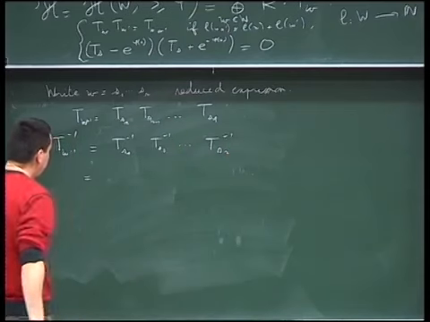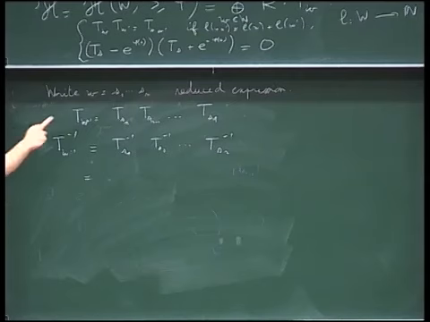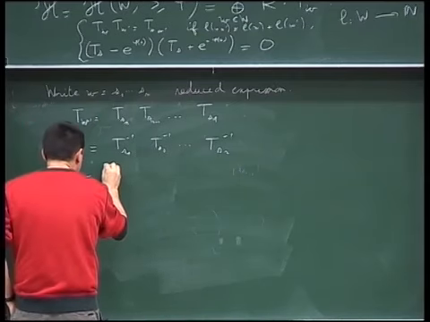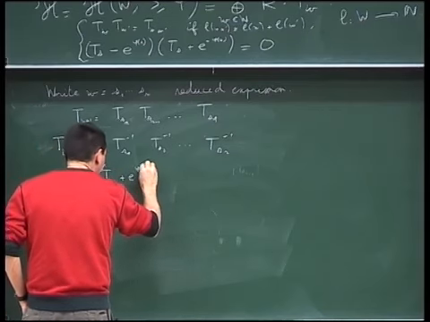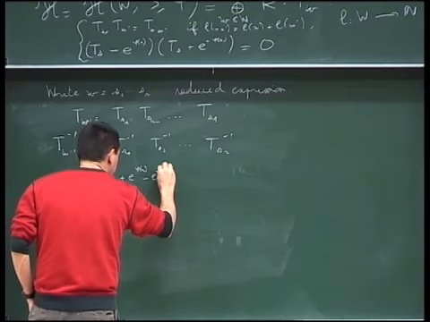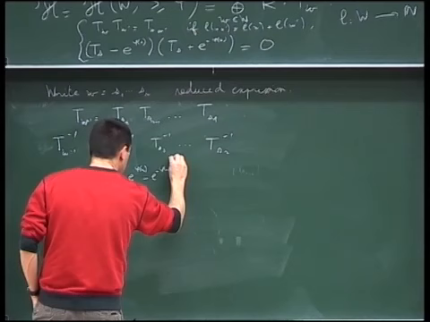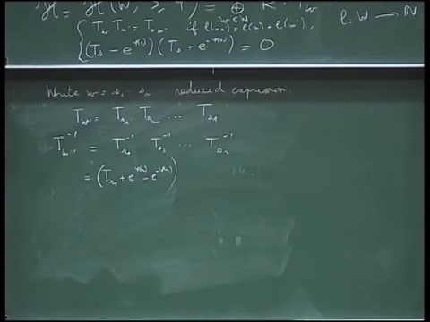And the inverse of TS1, by the quadratic relation which is given here, is just TS1 plus the exponential of phi of S1 minus the exponential of minus phi of S1. Am I right? I think so.